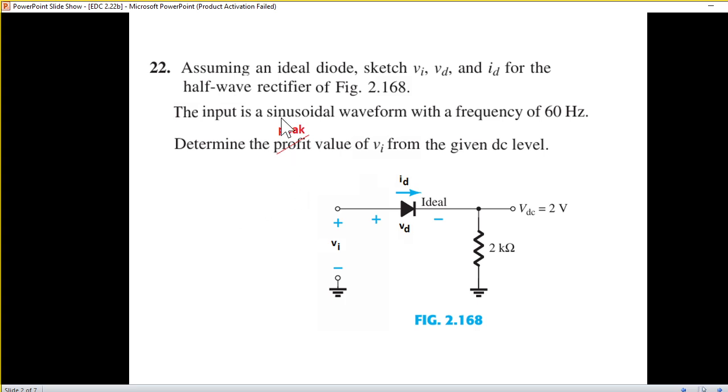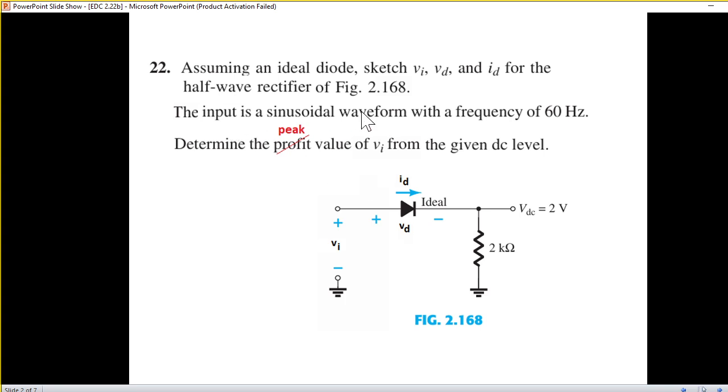So this is the question. Assuming an ideal diode, sketch VI, that is the input voltage, VD, the diode voltage, and ID, the current through the diode, for the half-wave rectifier circuit.